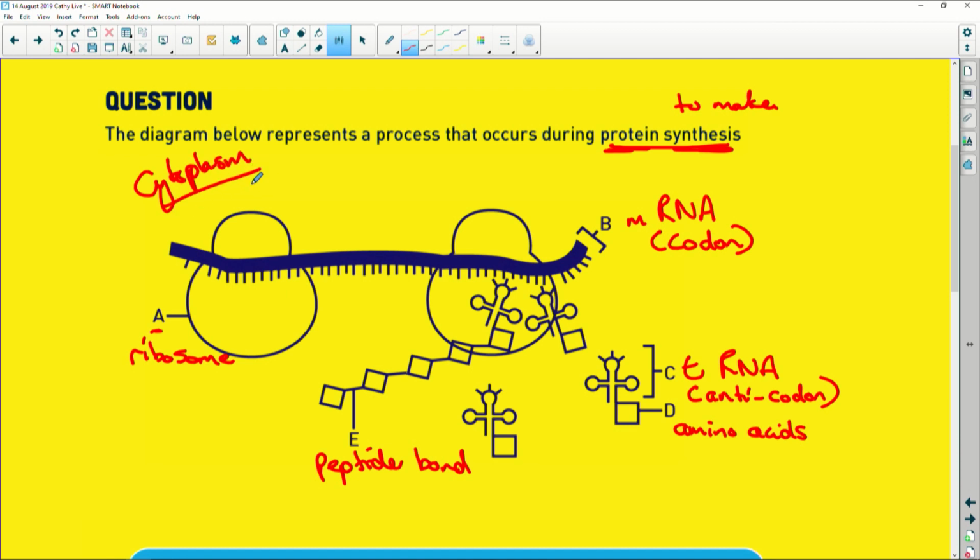Your ribosome is like a factory, our protein-making factory in the cytoplasm. The messenger RNA cruises along and gets to the ribosome, bringing the recipe, in inverted commas, which it got from the DNA.